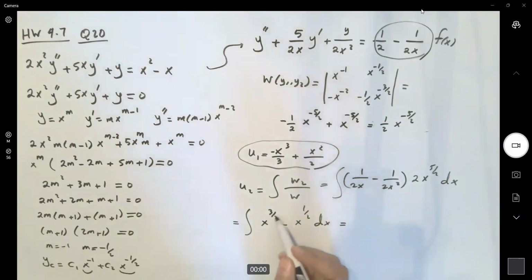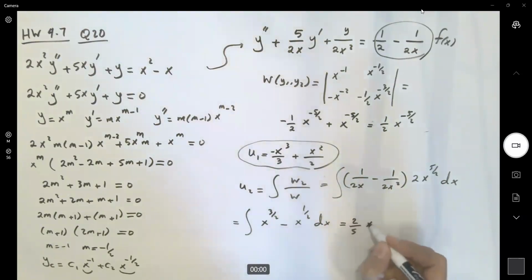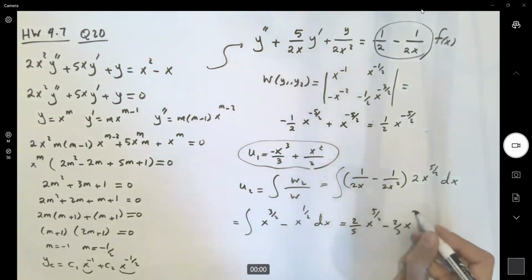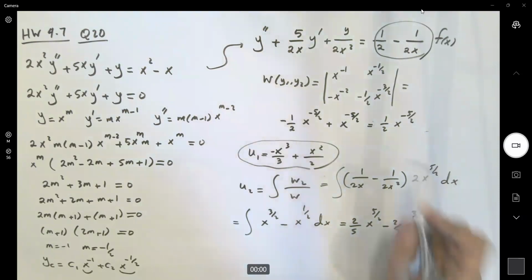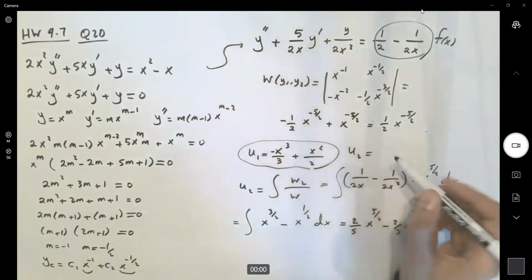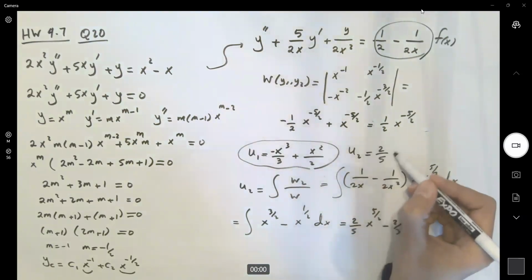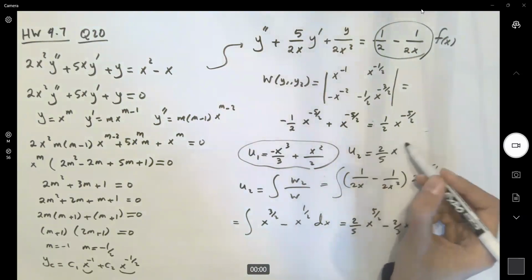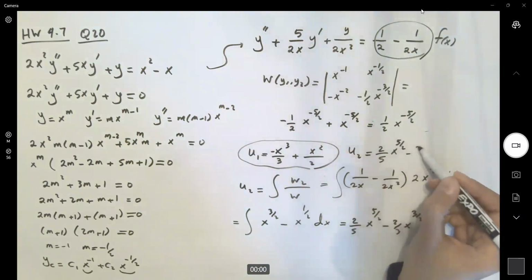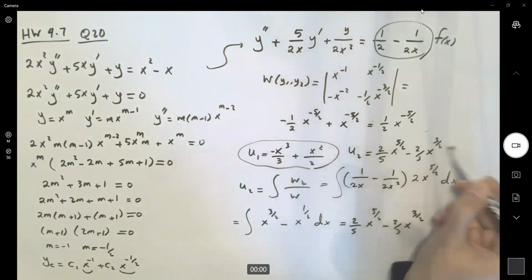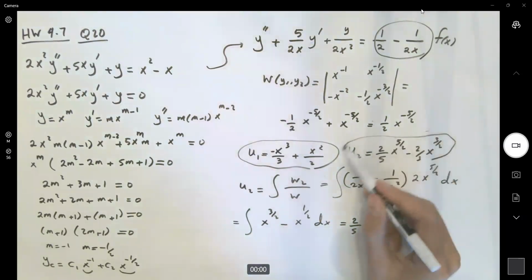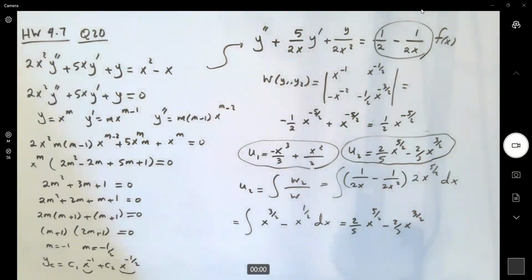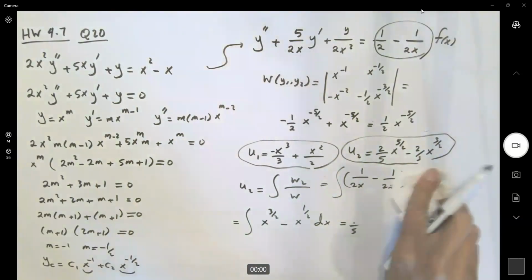So for this integral, if you add 1, you get 5 over 2, so 2/5 x to 5 over 2 minus 2/3 x to 3 halves. This is my u2, so let us write down u2 here: 2/5 x to 5 halves minus 2/3 x to 3 halves. We found u1 and u2. Now we can easily write the particular solution.